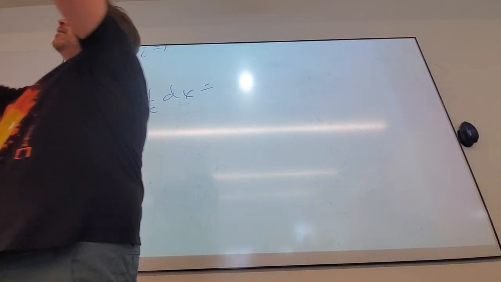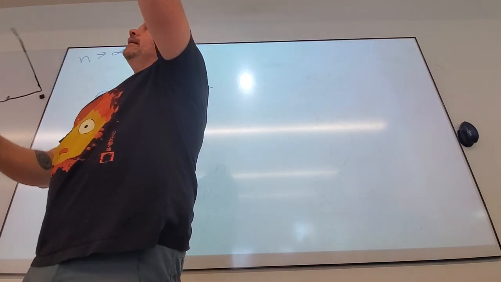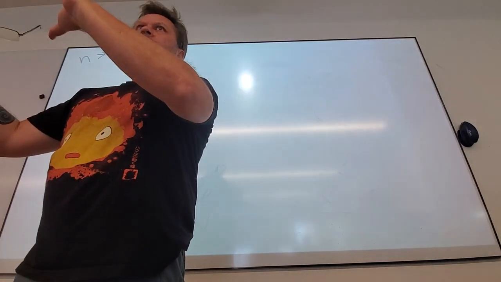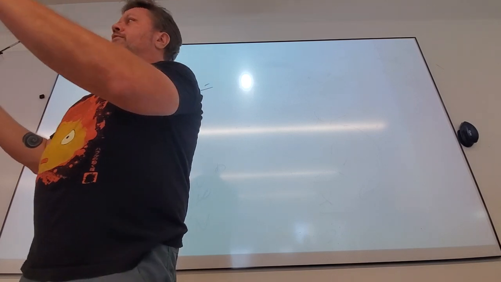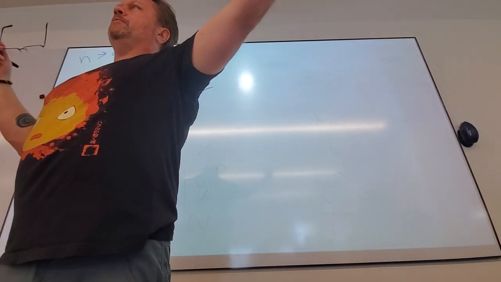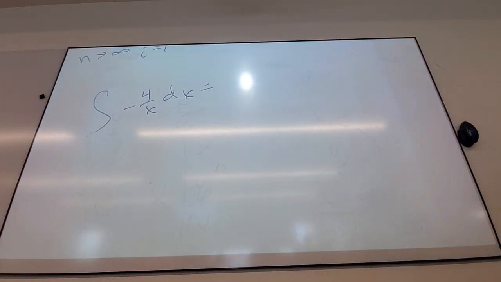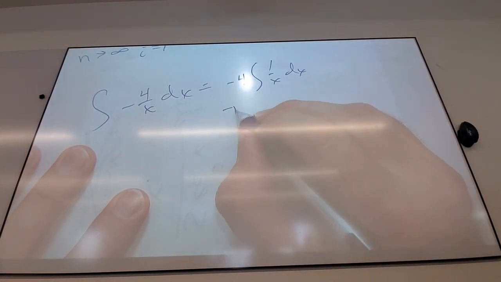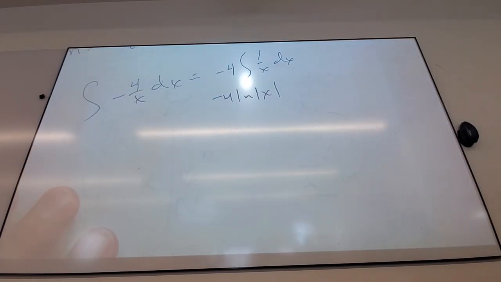I could take a constant out. I cannot take a variable expression in or out that the integral cares about. This is huge. This relates to a big mistake people make with the next thing we're going to talk about today. So I can look at this as this, which becomes this.